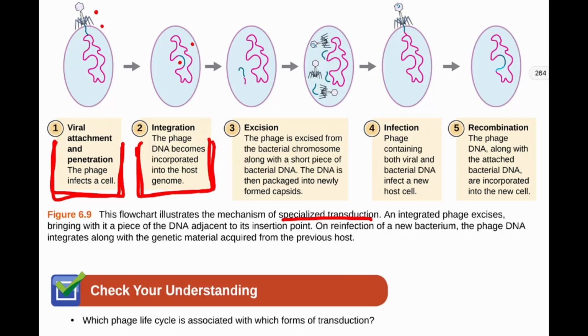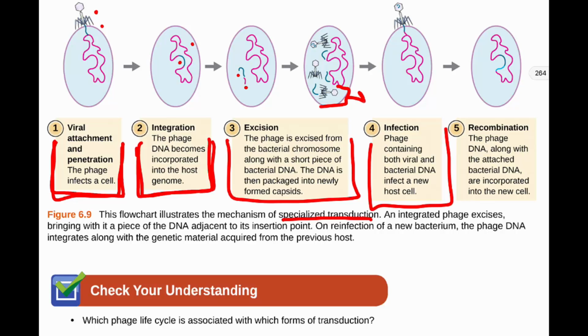And then that is going to be packaged up inside of our virions, and then when these break out of the cell and go into a new bacterial cell and inject the DNA during this stage here, it's going to put a little piece of that original host's chromosome into the new bacteria.